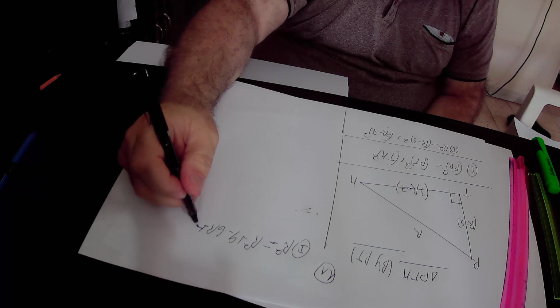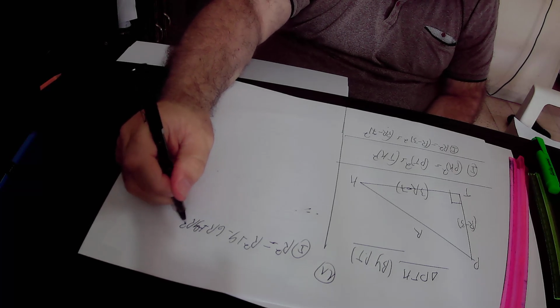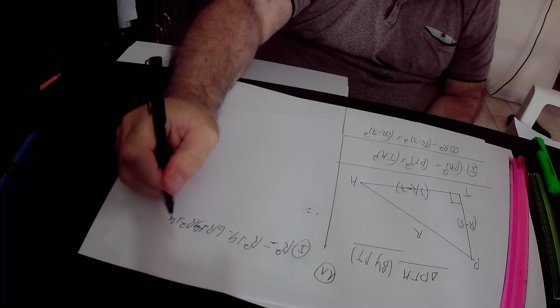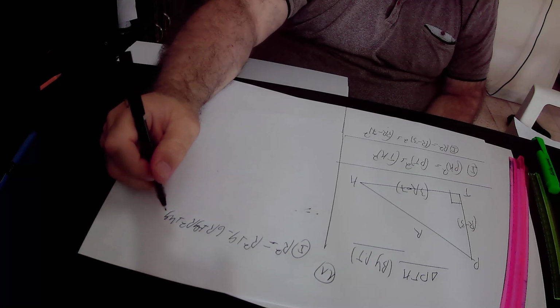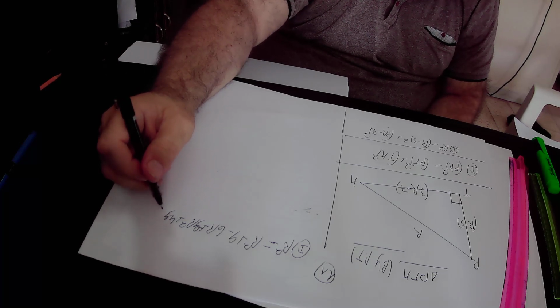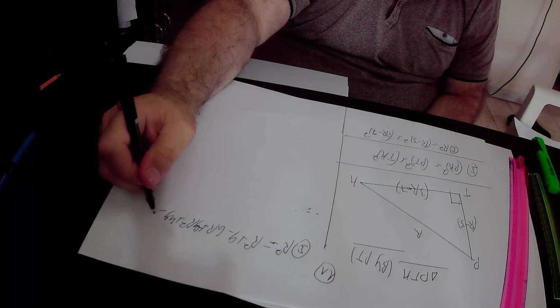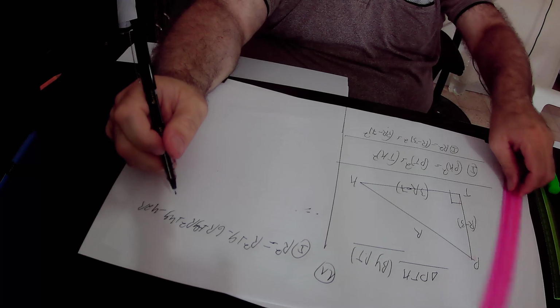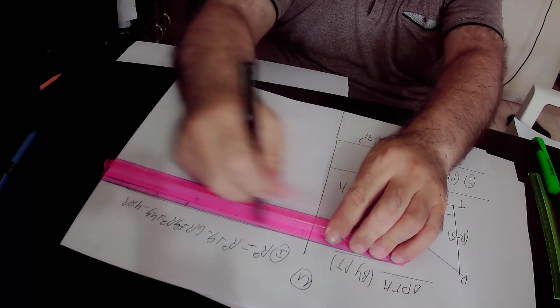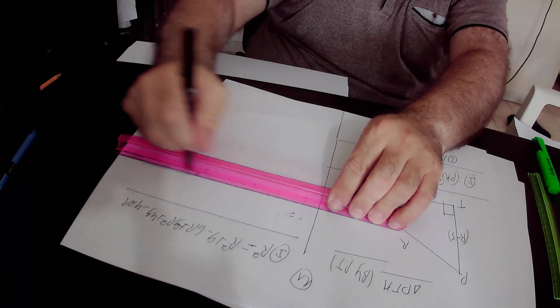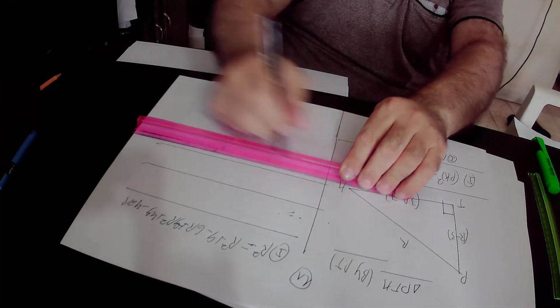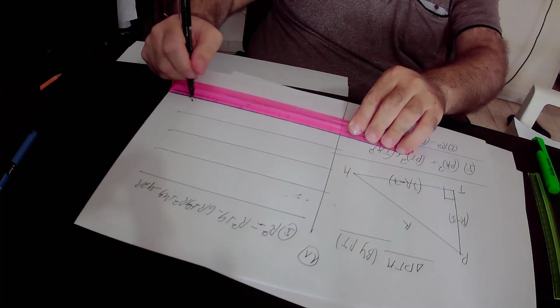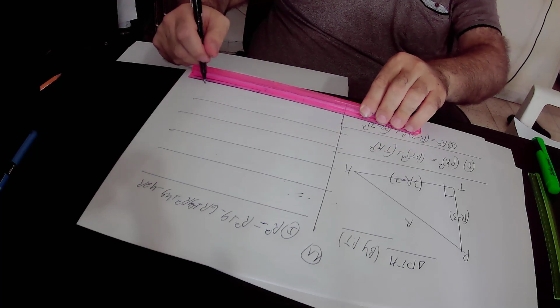It is equal to 3R squared, that is 9R squared, plus 7 squared, that is 49, minus 2 times 3R times 7, which is minus 42R. So here we have R squared on both sides of equation number 1, therefore R squared will get cancelled.